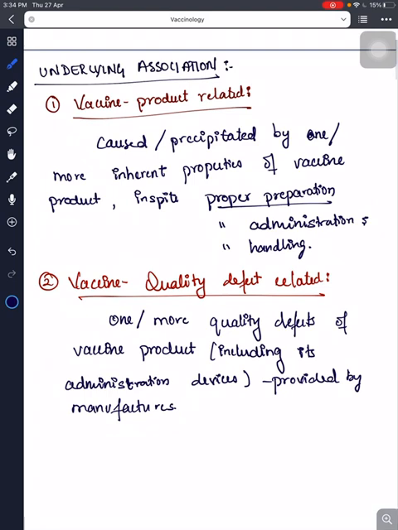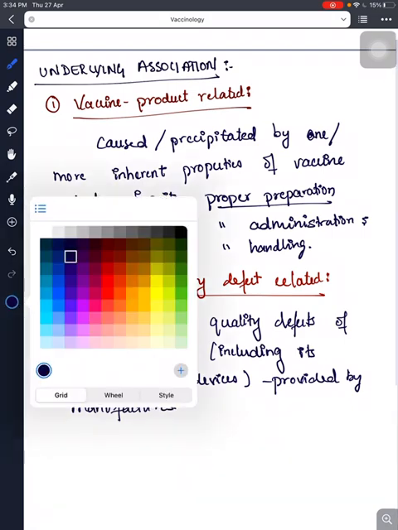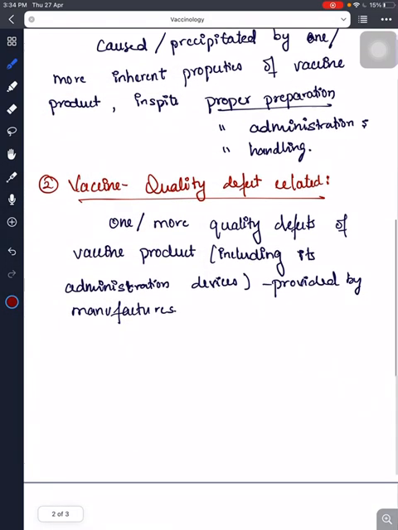For example, with the inactivated polio vaccine, if the manufacturer fails to completely inactivate the virus, this leads to paralytic polio. So this is an example of a vaccine quality defect.